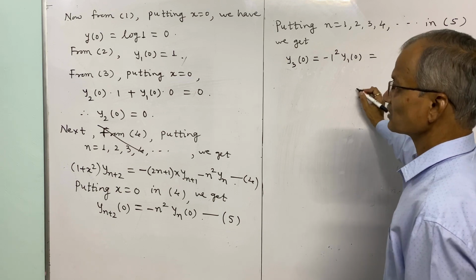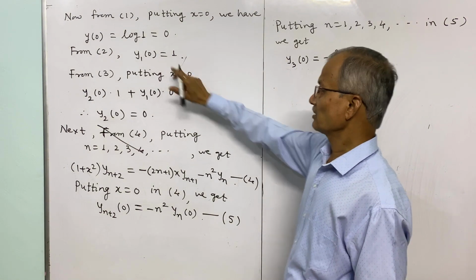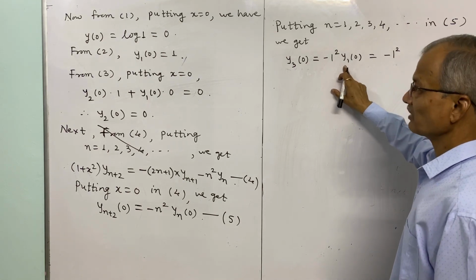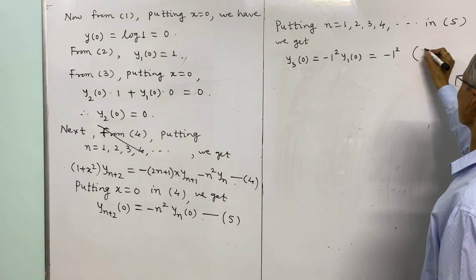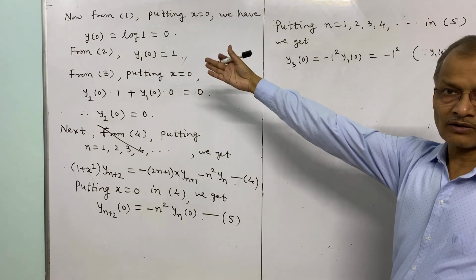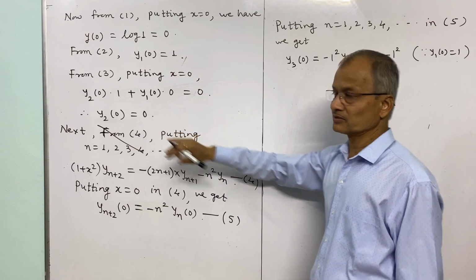But you see, what is y1 at 0? That is 1. So therefore this will be minus 1 square, since y1 at 0 is 1. We have to use the earlier values, so that's why we have obtained this.